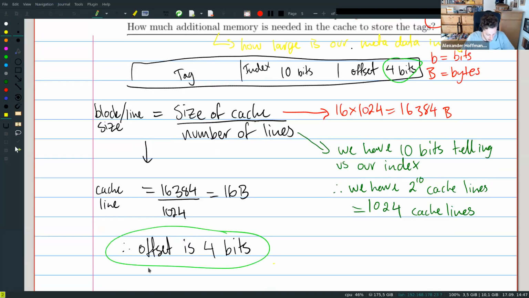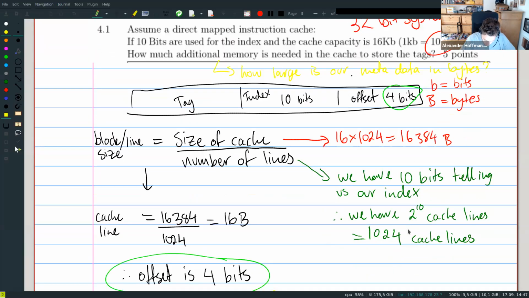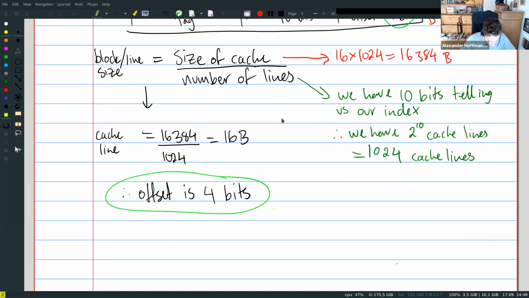So we know how many cache lines we have. We have 1024. Now we know we have a 32-bit tag, 32-bit address.